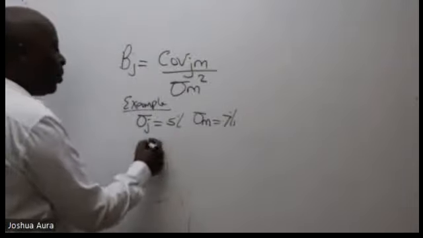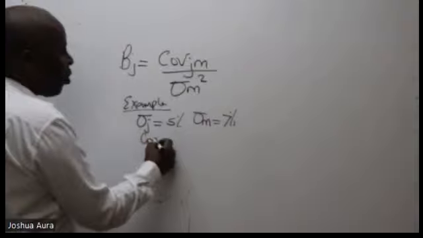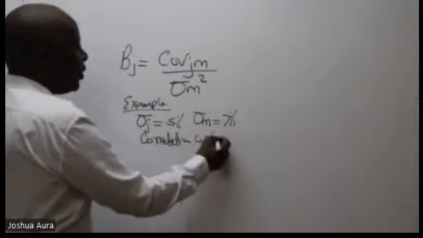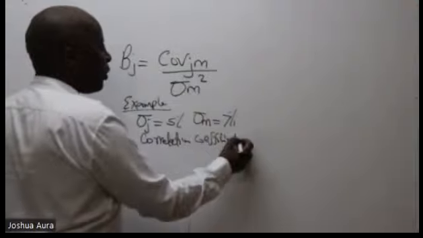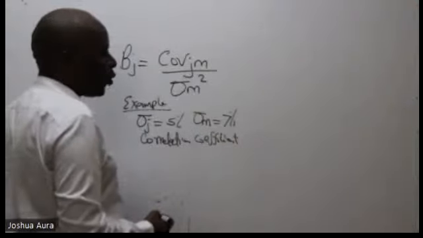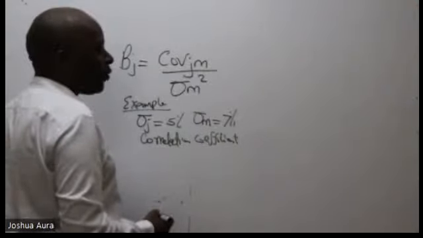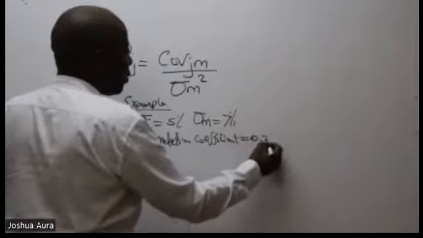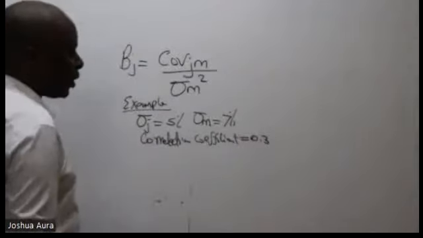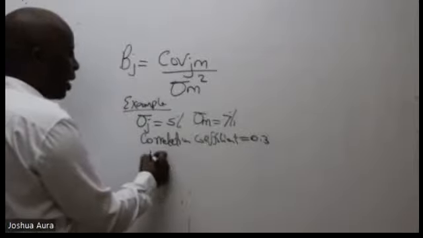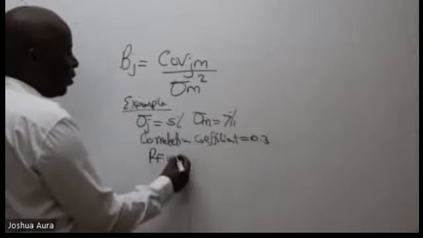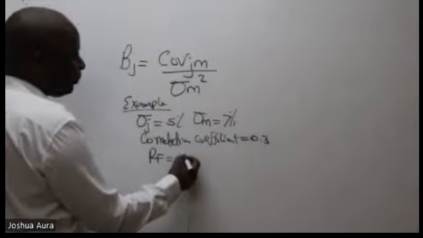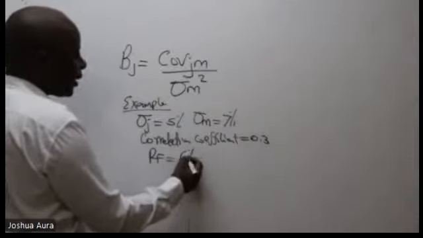And then these people have given us the correlation coefficient between the two securities, given as 0.3. And then they will give us a risk-free rate, for example 6%.